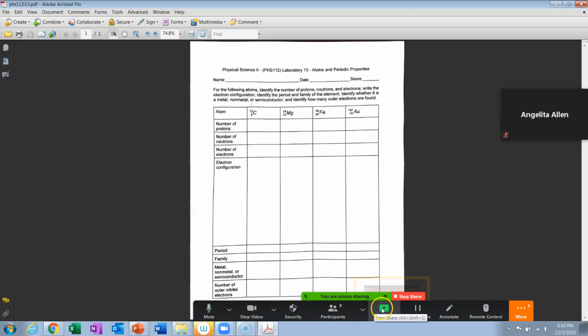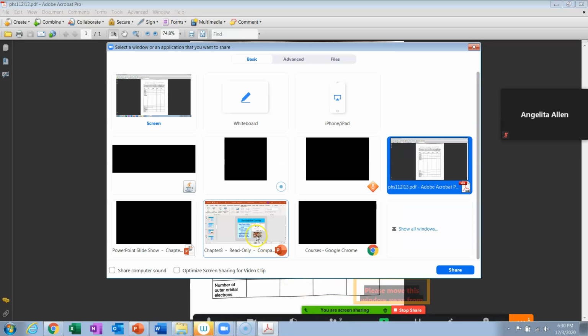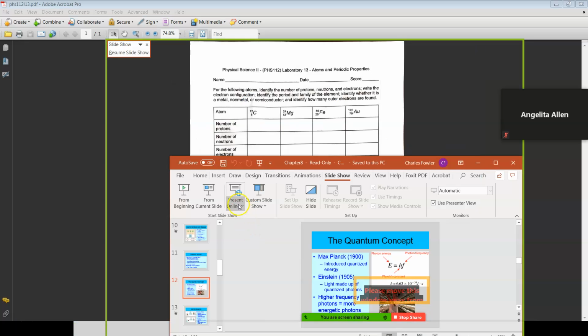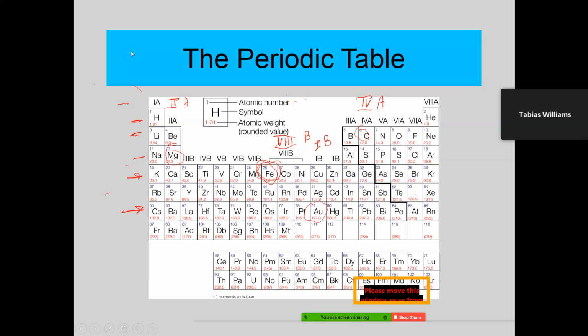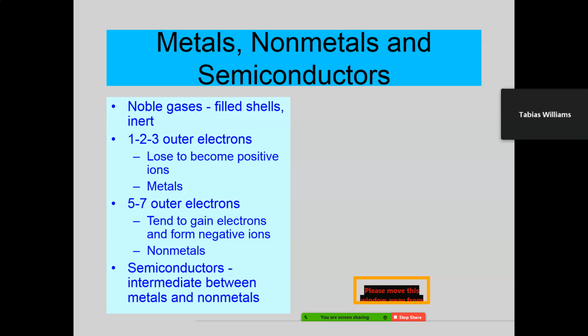Looking to see if it's a metal, non-metal, or semiconductor. Okay, so let's go back to our PowerPoint. If you got your book, use your book. Okay, let's go over a slide or two.